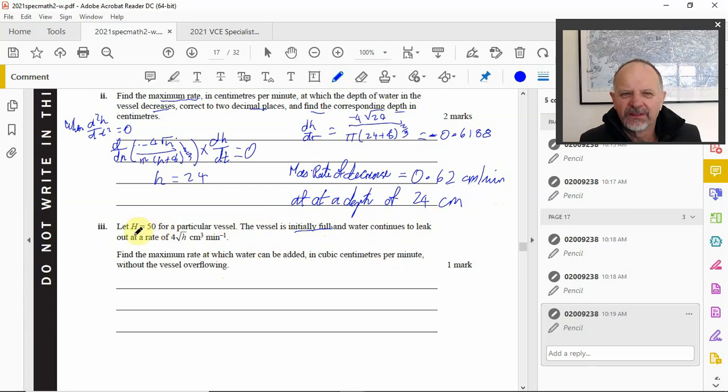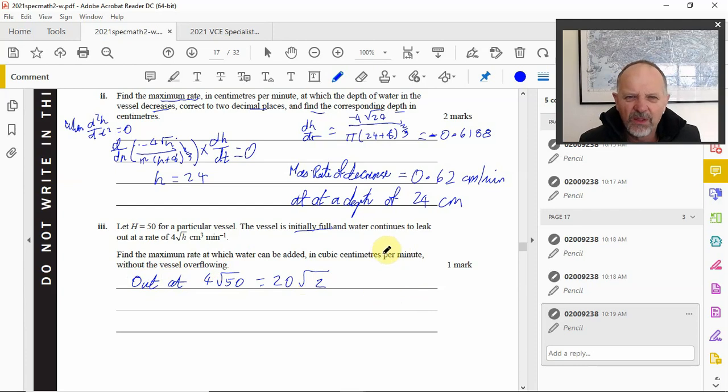All right, so if h is 50 and it's initially full, we've got to keep this h at 50. Now, the water is leaking out at 4 root 50 on this, which is 20 root 2 centimetres cubed per minute. That's what the water's going out.